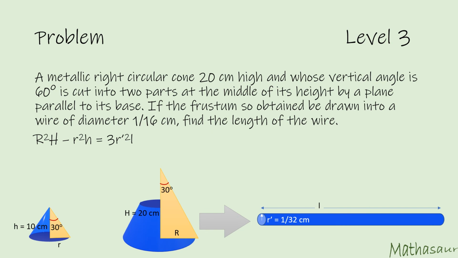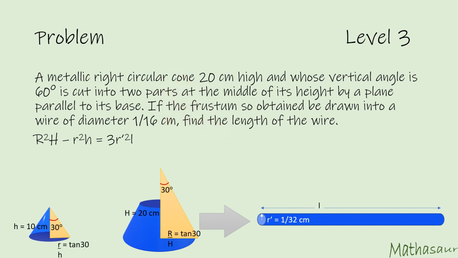Now we are given small h, capital H and R dash. We do not know small r, capital R and L. Is there a way that we can find small r and capital R? Recall from trigonometry that tan of an angle is equal to the side opposite the angle divided by the side adjacent to the angle, or tan theta is equal to perpendicular by base.